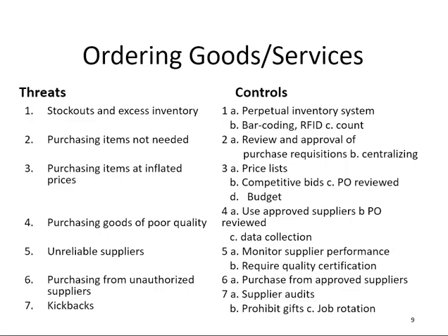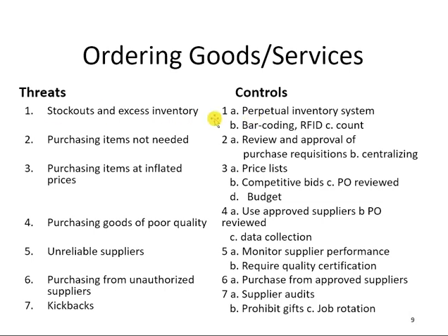Let's talk about threats and the related controls for this activity. So first threat, we have the stock out and excess inventory. We have too little or too much inventory. What are the related controls?